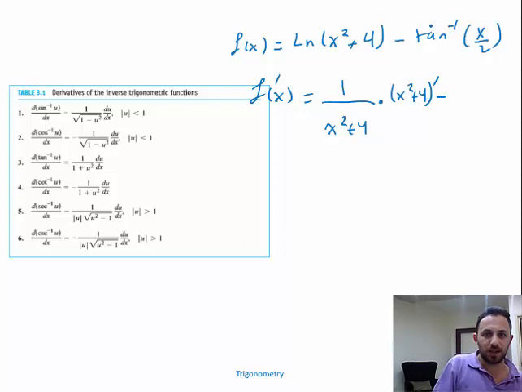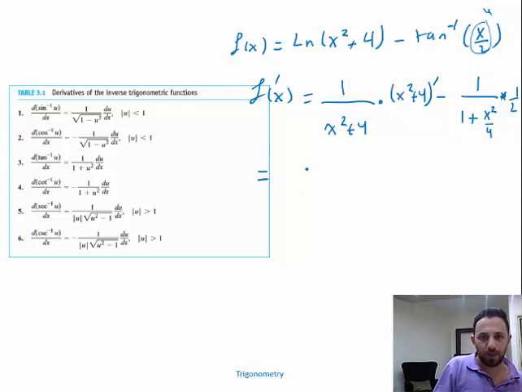Minus the derivative of tangent inverse of x over 2, which is 1 over 1 plus u square, where u is x over 2, so u square is x square over 4. Du by dx, the derivative of x over 2, is 1 over 2, multiplied by 1 over 2.